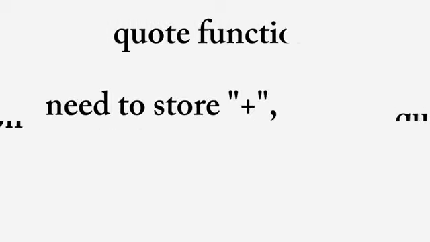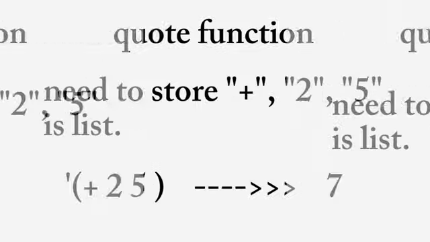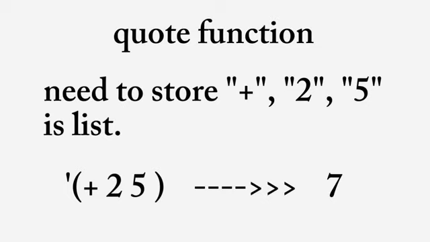Quote function. If you need to store plus sign 2, 5 in a list, if you store it like that within brackets, plus 2, 5, it will function as an expression, an addition expression. It will return 7.